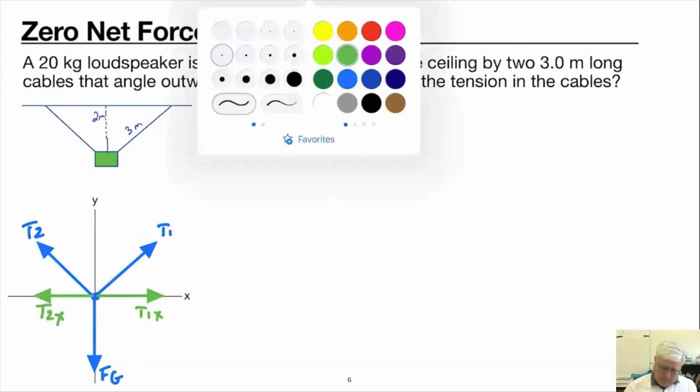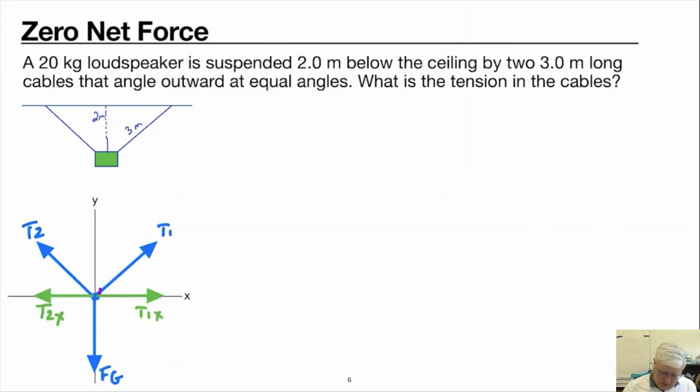Okay, and then we'll have a y component of each one. I'll call this purple one T1y. And then maybe I'll make a red one just to distinguish that there's two of them. That one will be T2y. So that when we're making this free body diagram, we can actually see that there's two components there.